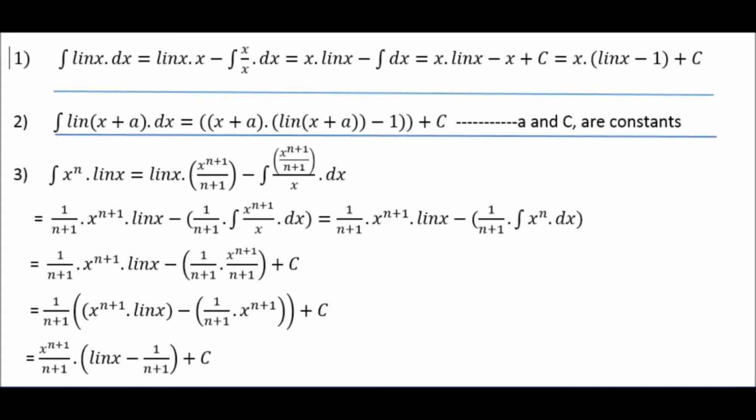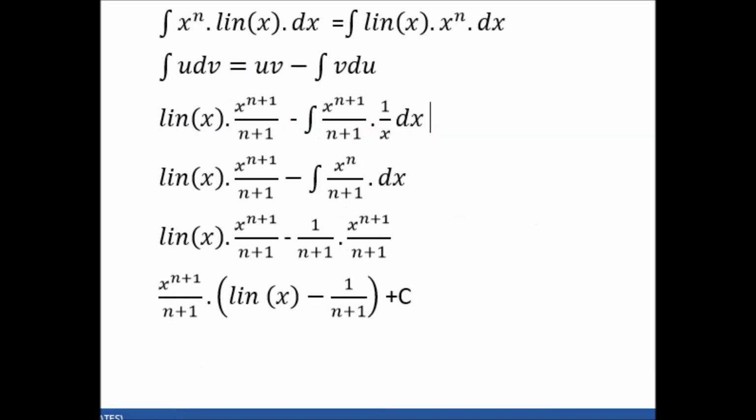Now let's look at the third integral, the integral of x to the power n times ln x dx, and we'll compare it with the general by parts formula, that is the integral of u dv equals uv minus the integral of v du.